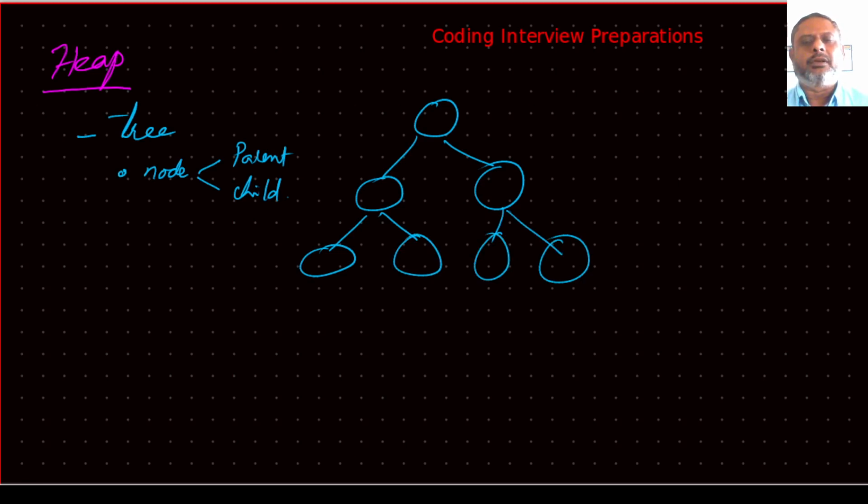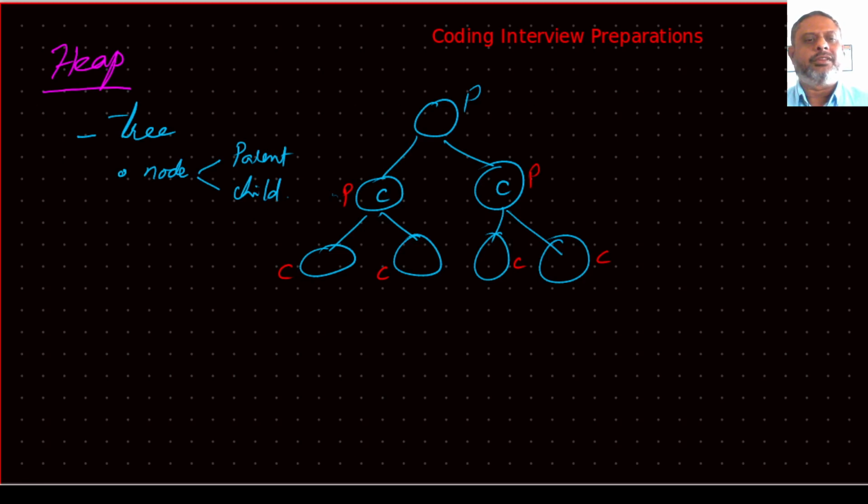So this is a parent, that's two children of this, and this is the parent of these two children, and that's a parent of these two children, and so on. So it's something like a family structure. We have a parent, children.